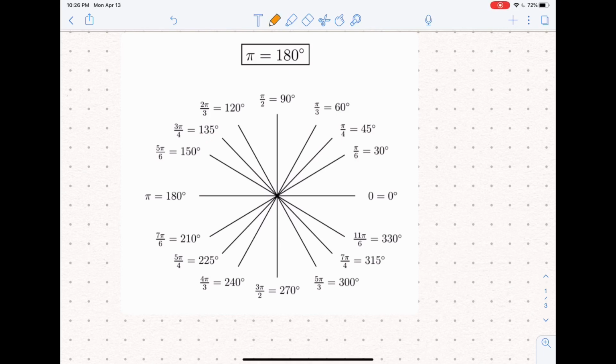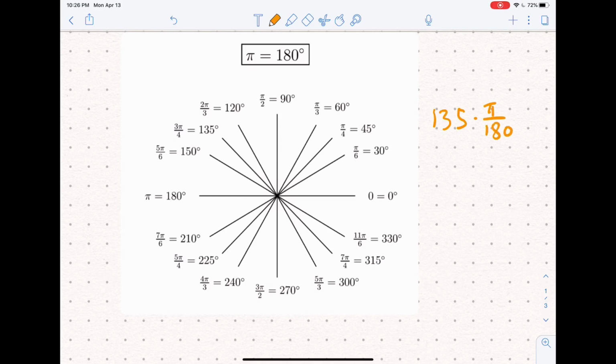One final note. When we convert between degrees and radians, it can be helpful to note, for example, 135. If we want to convert that into radians, the trick is to multiply degrees by pi over 180.